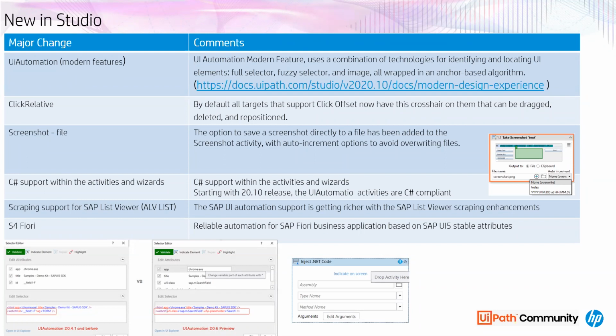But with the new version, you will see that it is improved. Whenever it starts interacting with any S4 application, it will go by UI5 controls. You will see very structured indication and it identifies the right element. That's the screenshot I mentioned. So if you are using S4, this is more optimized with this particular release, where you'll see the selectors are exposed in the right way rather than looping across the iframes.